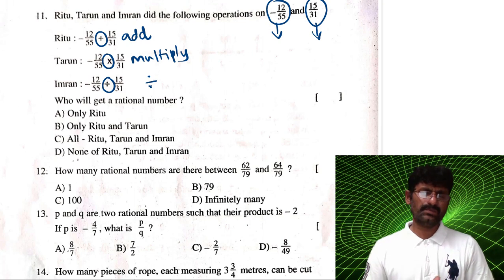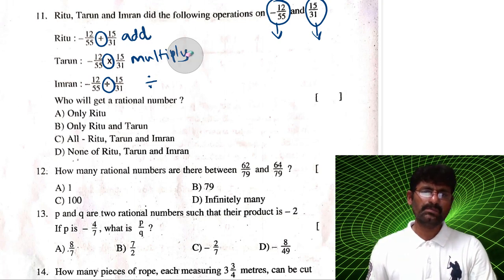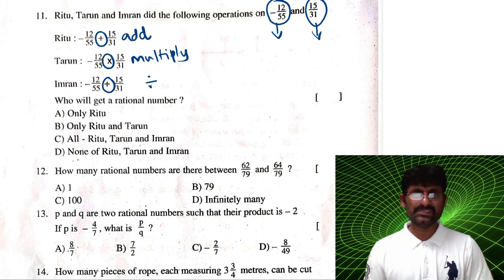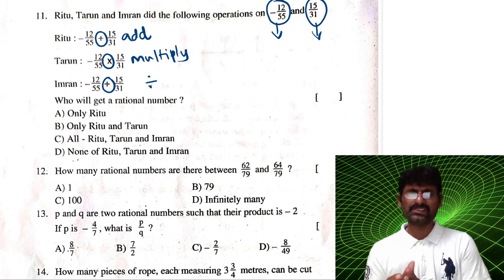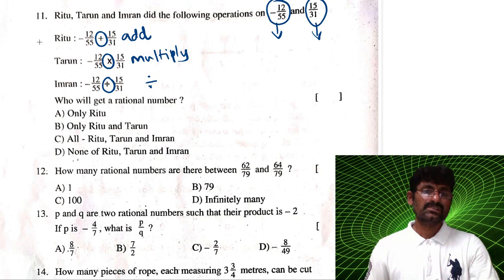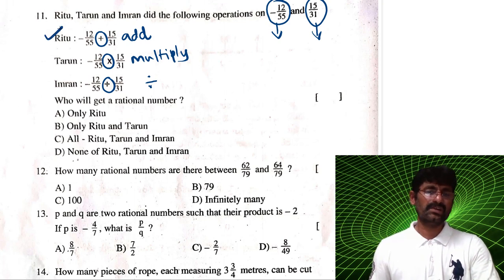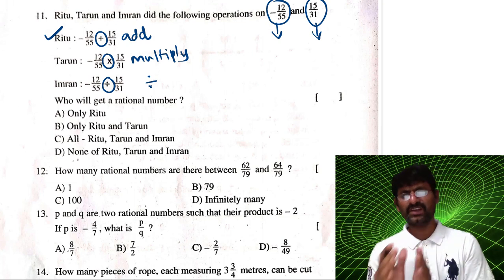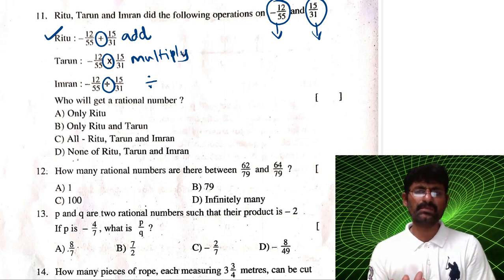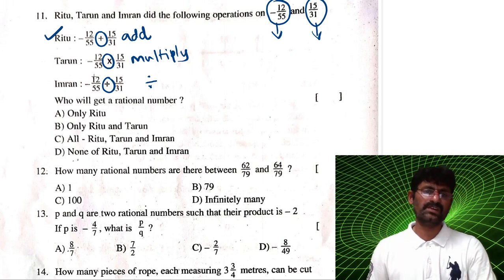Rational numbers are closed under the operations addition, multiplication and division. That means if you add two rational numbers, you will again get a rational number. So Ritu will get a rational number. Now Tarun multiplied. If you multiply two rational numbers, you will again get a rational number. So Tarun will also get a rational number.